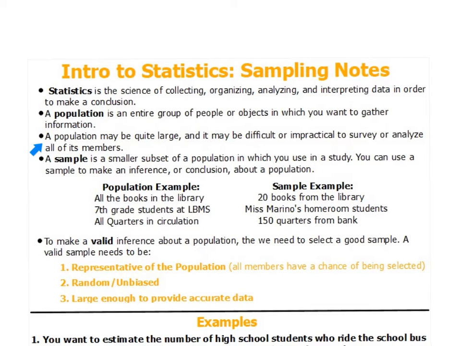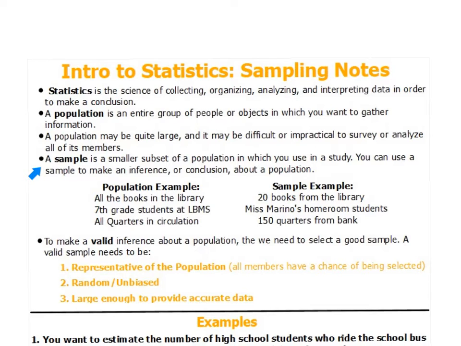If you wanted to conduct a survey on an entire population, it might be a little bit large, and that can make it difficult to analyze and to get all of the information from an entire population. So it might make more sense to gather a sample. And a sample is a smaller subset of the population which you want to use in a study.